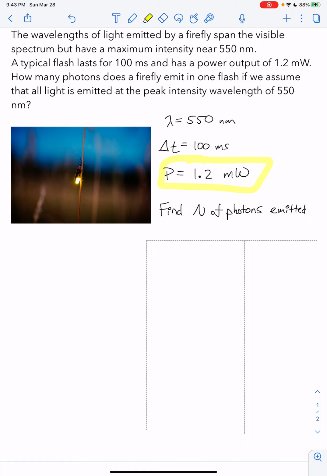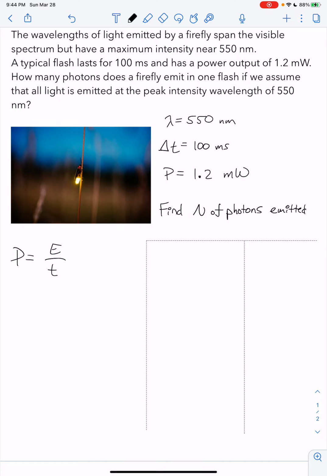And the energy is going to be divided up amongst n photons of an energy corresponding to this wavelength. So that's how we're going to work this out. We're going to look at the entire burst and then divide that energy between n photons corresponding to that wavelength of light. So power is equal to energy over time.